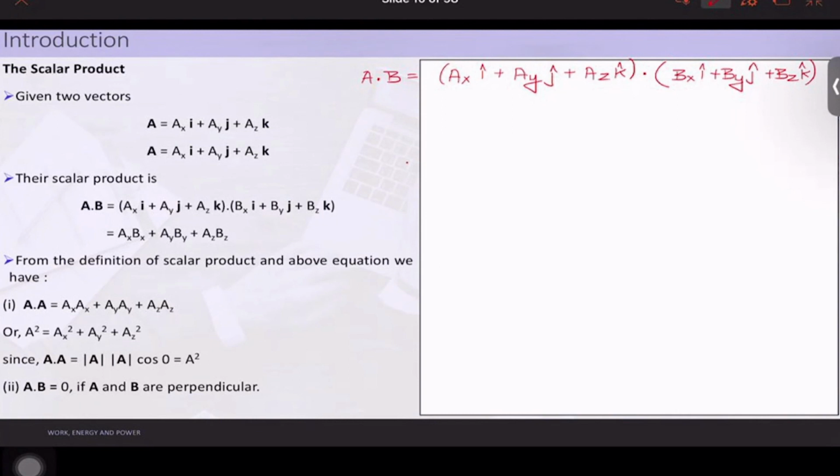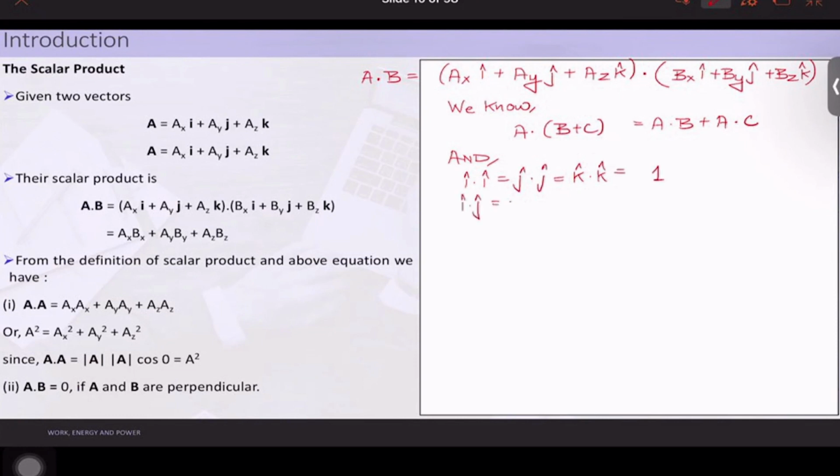Now, from the previous discussion, we know, what do we know? First of all, we know that A dot (B plus C) is nothing but equal to A dot B plus A dot C. And we know that i cap dot i cap is equal to j cap dot j cap is equal to k cap dot k cap equal to 1. Also, i cap dot j cap is equal to j cap dot k cap is equal to k cap dot i cap is equal to 0.